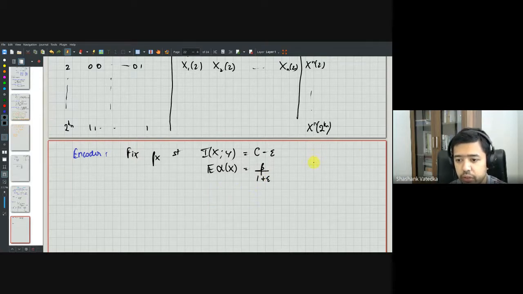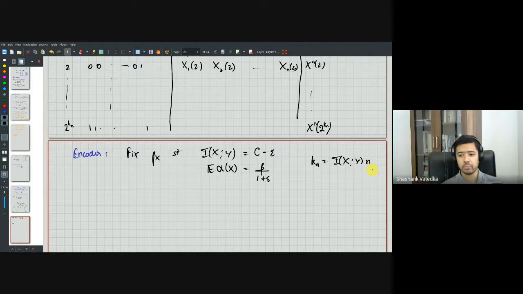And now you set kn to be, let us say, I of x;y times n. Okay, so you're operating at a rate equal to c minus epsilon, and the expectation of alpha of x is beta over 1 plus epsilon.